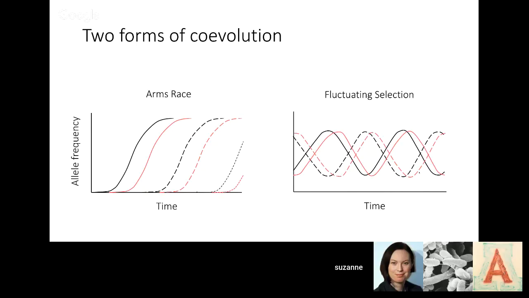And then in the fluctuating selection case, you might not necessarily see any rapid directional change, but at any given moment, you might take a snapshot and you may expect to see more diversity. So these two different forms of coevolution might alter how, say, a host or a pathogen evolves, and so it's quite important to know which one's occurring.